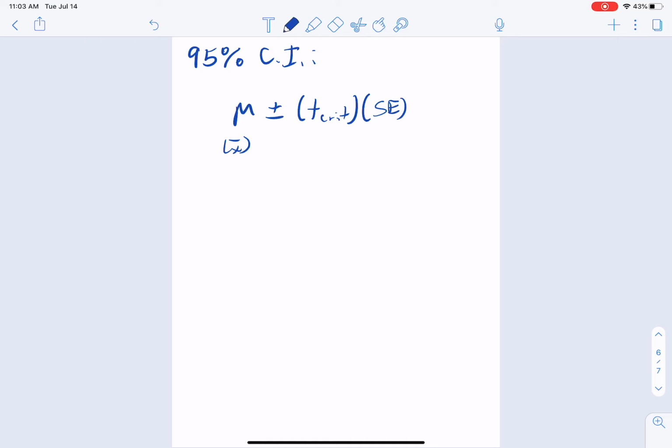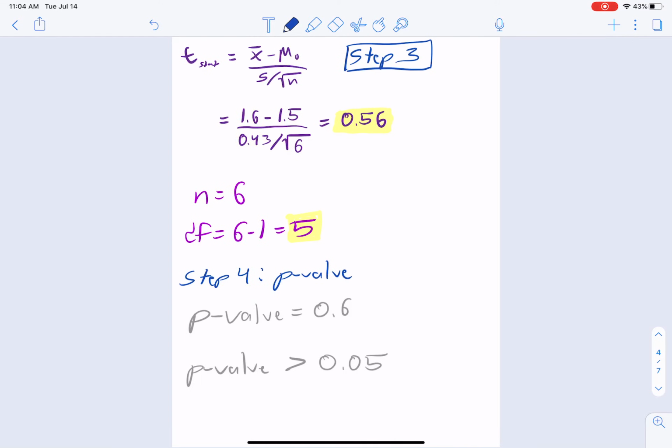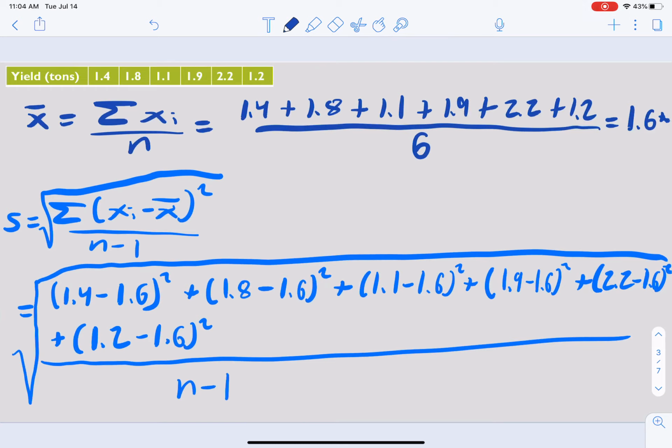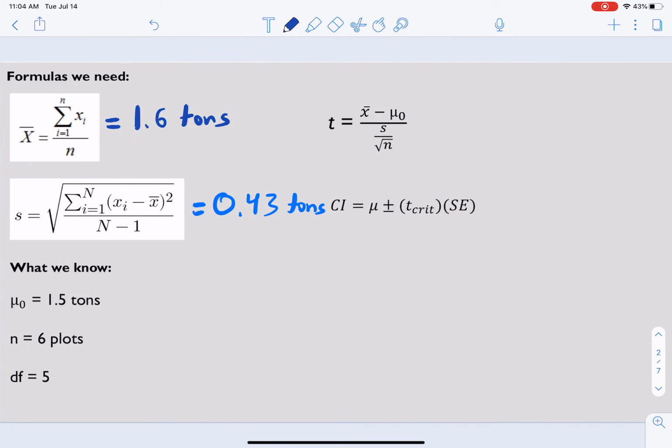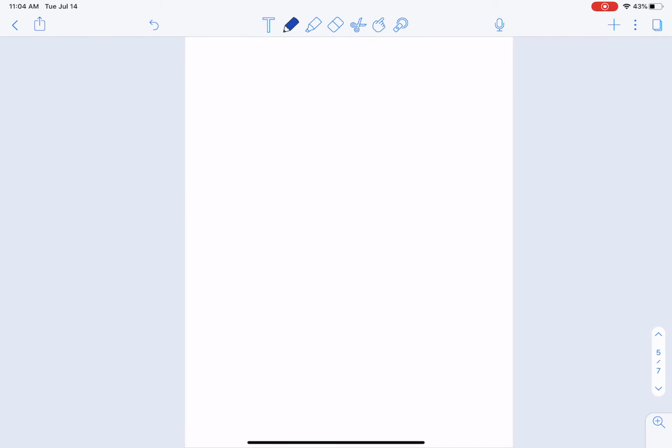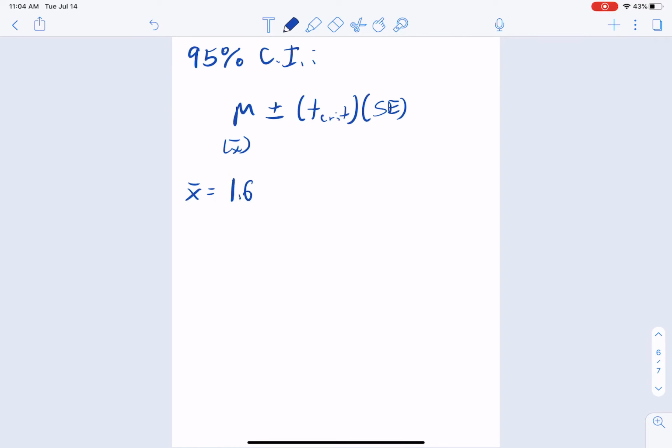Okay, and here's what we need to do. I do not have this worked out, so let me get my calculator out. So we know that our sample mean was, what, 1.6? It's 1.6, I'm a dummy. Okay, this is 1.6 tons. Let's do that standard error.